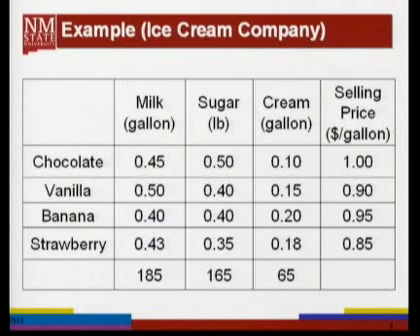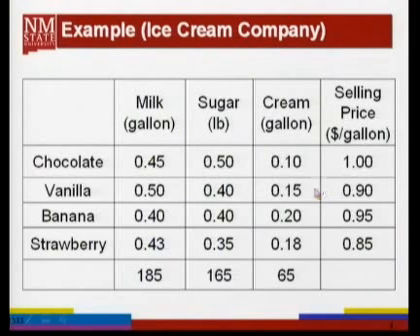The chocolate ice cream requires 0.45 gallons of milk, half a pound of sugar, and 0.1 gallons of cream. And vanilla ice cream requires half a gallon of milk, 0.4 pounds of sugar, and 0.15 gallons of cream, and so on.